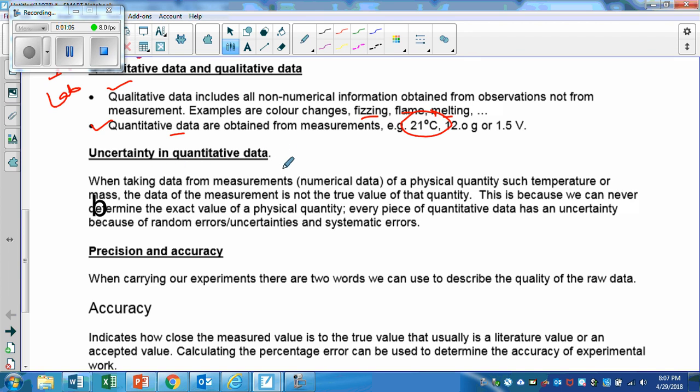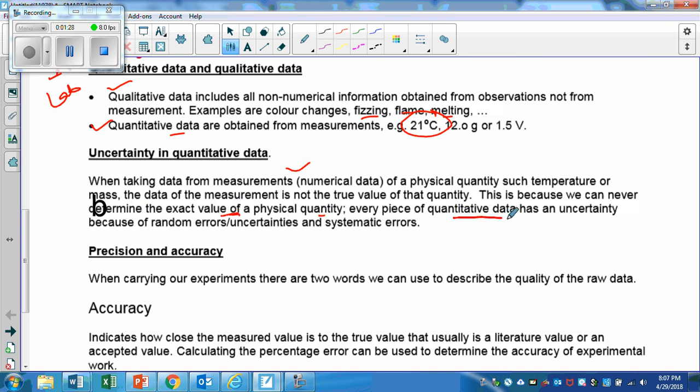When taking data from the measurements of a physical quantity such as temperature, mass, or volume, there is a possibility that the measurement that you're taking is true or not true. This is because we can never determine the exact value of a physical quantity.